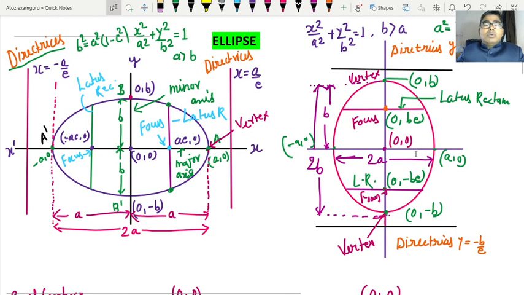So once again, I will repeat all the things, the basic concept related to it. First of all, when an ellipse is given to us, you convert it into the standard form. That's how you will be able to know whether a is greater than b or b is greater than a, and depending upon that you can apply the formulas and calculate the different values of major axis, minor axis, latus rectum, directrix, vertices, and all the things, right?